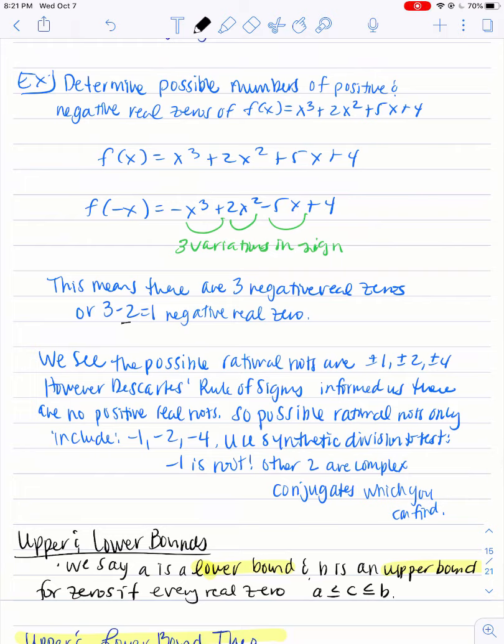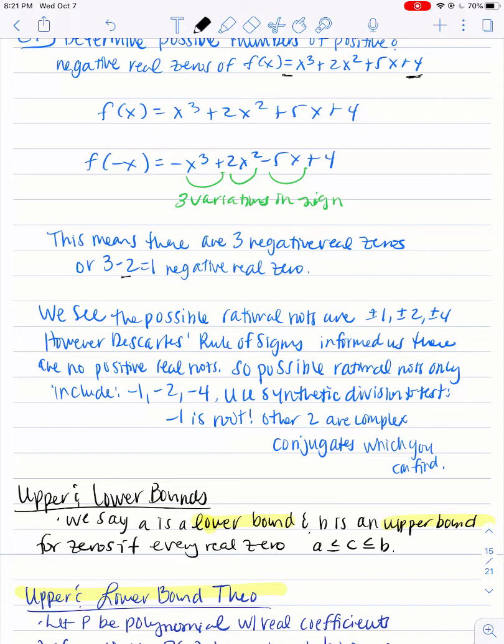So we can see that the possible rational roots are plus or minus 1, plus or minus 2, and plus or minus 4, using our rational roots theorem with the coefficients here and the constant and their factors. But we could use Descartes' rule of signs. That informed us that there are no positive real roots. That means that the only possible rational roots we could have are negatives.